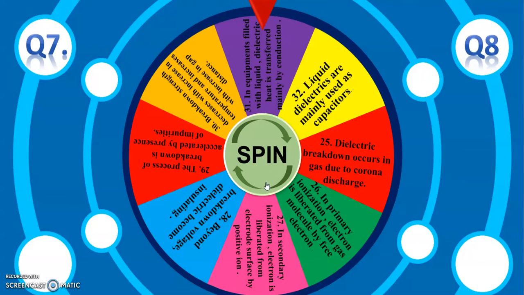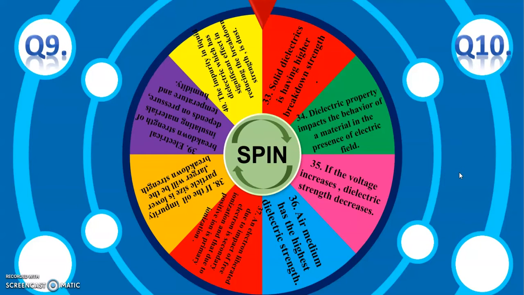Now question number 31. Read it. What is that in violet color? In equipment filled with liquid dielectric, heat is transferred mainly by conduction. Point goes to Manas. Congratulations.